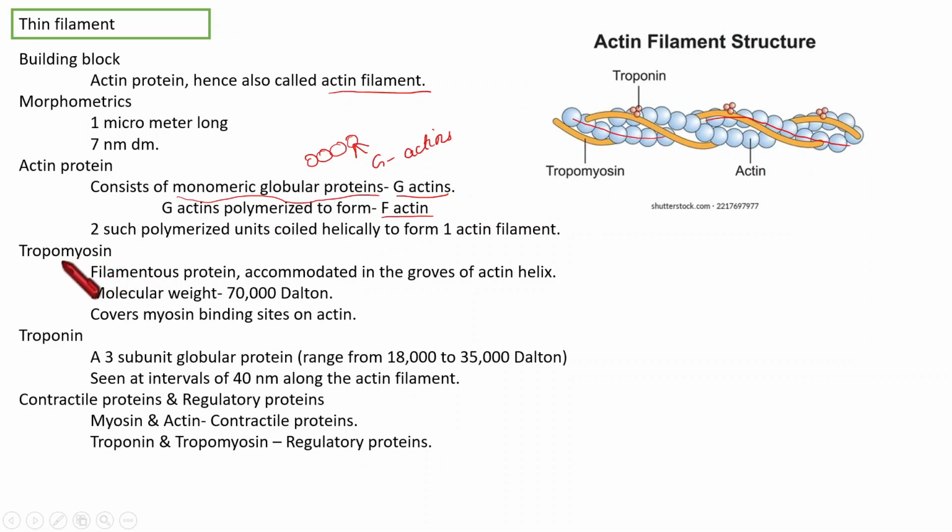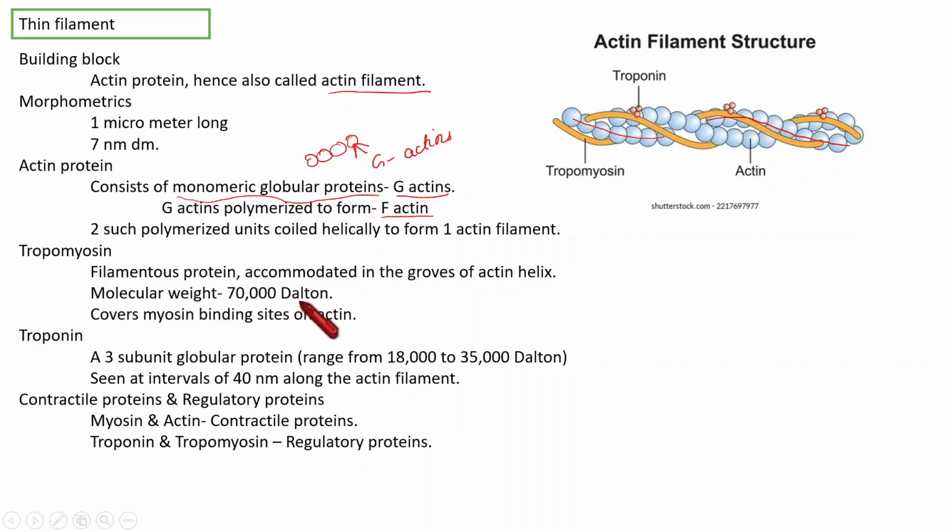Then we need to understand two other types of protein, tropomyosin and troponin. In this picture, we can see tropomyosin is a filamentous protein. Where is it located? It is positioned in the grooves of the actin helix. Then what is its weight?